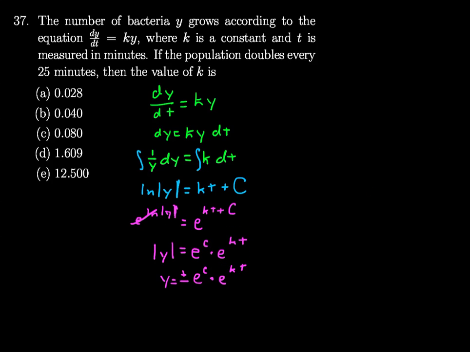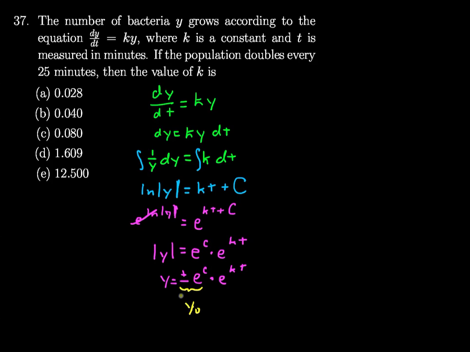The way we always like to simplify this is that e to some arbitrary constant is another arbitrary constant. It could be positive, it could be negative. Every power of e has to be positive, but this right here says I could have a positive or a negative. So let's make this be some other variable. I'll call it y naught. The initial y value.